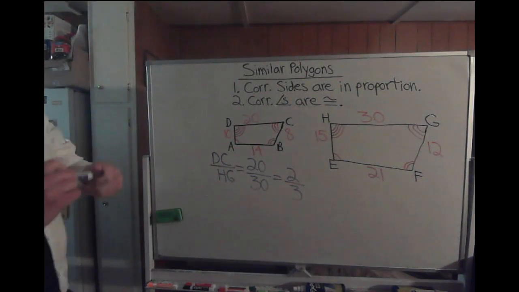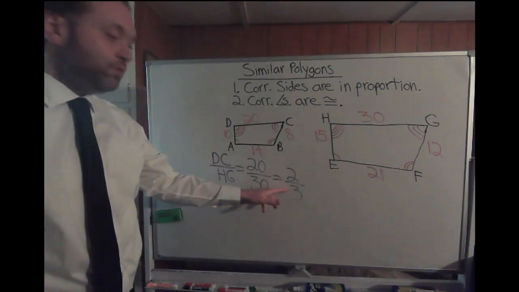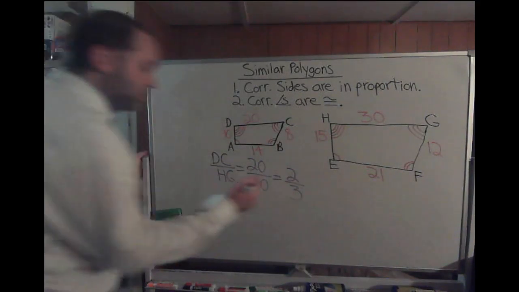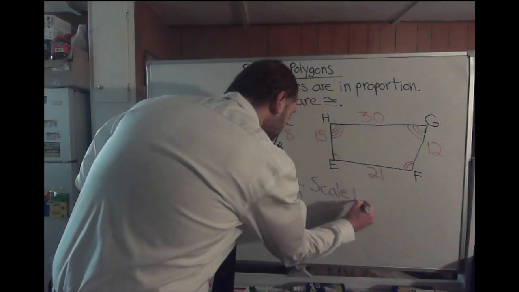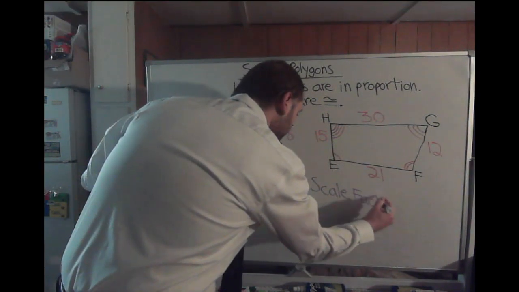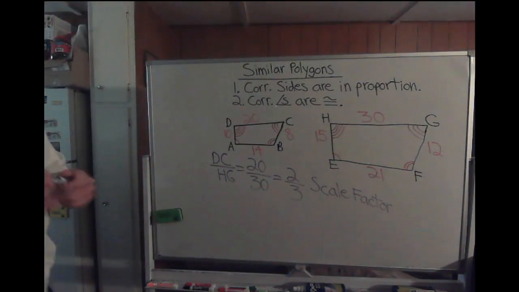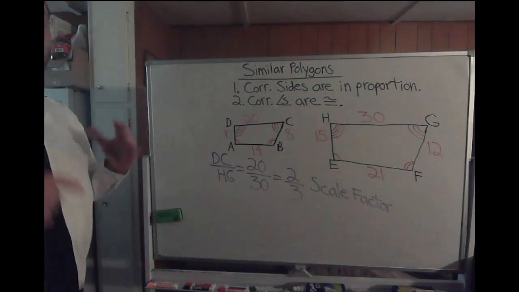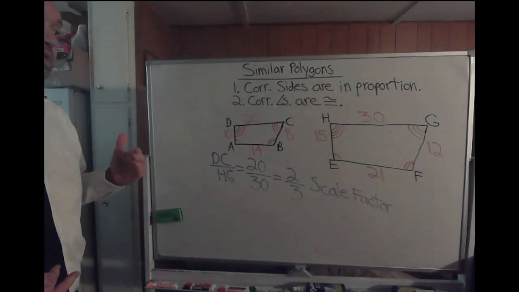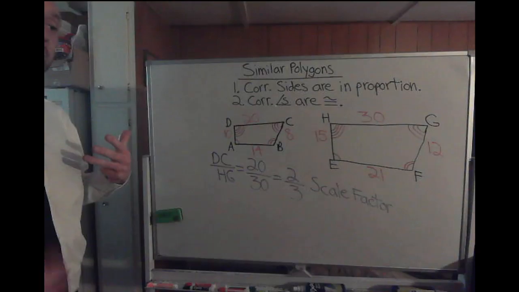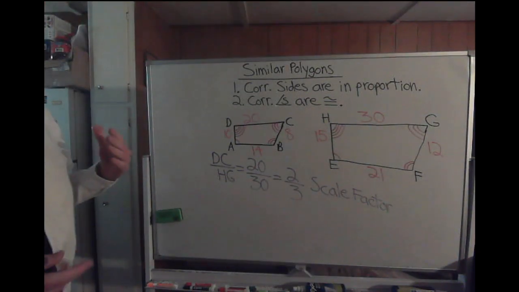The ratio of two sides of a polygon in simplest form is called the scale factor. Scale factors are also quite useful. For example, let's say you wanted a toy replica of Buckingham Palace. It's going to be built based on scale factors because you certainly can't build a congruent model of Buckingham Palace.